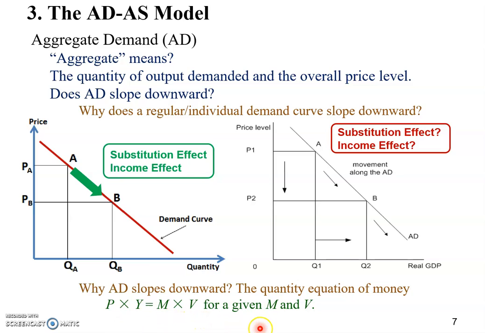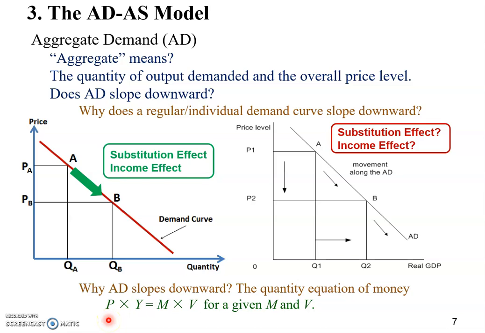Now here, if we assume that V, the velocity of money, and M, the money supply, are both given or fixed, then on the left-hand side it's just P times Y. Remember, we said that the overall price level declines. In other words, P gets smaller. What happens to Y? Because the right-hand side is all given, P times Y is a constant.